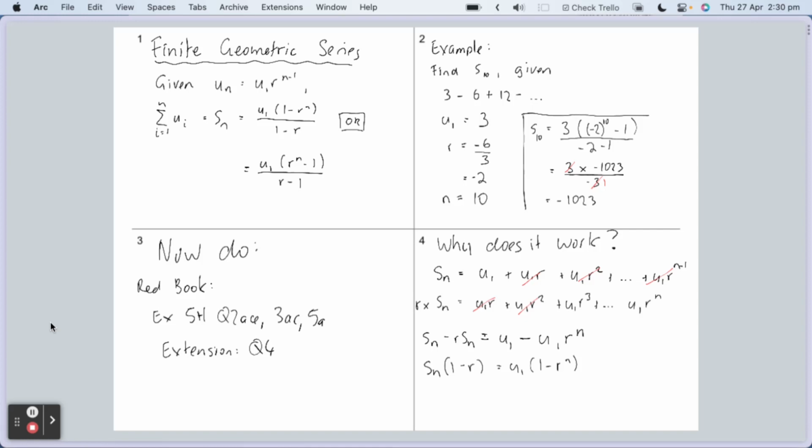Now, if I divide both sides by 1 minus R, I'll get Sn is equal to U1 outside of 1 minus R to the n, all over 1 minus R. Boom! That's the formula. And again, if I multiply top and bottom by minus 1, I would get the other form of the formula as well, just like that.